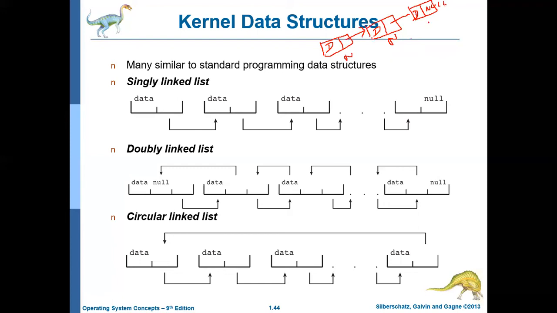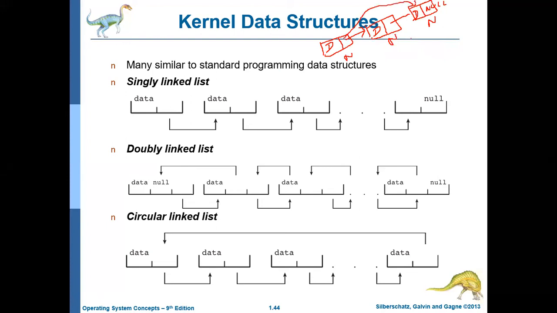Why do we use a list? Inserting or deleting data becomes very easy and convenient with a list rather than with arrays. For example, if I want to delete this item, we make this node's pointer point here, that's all.